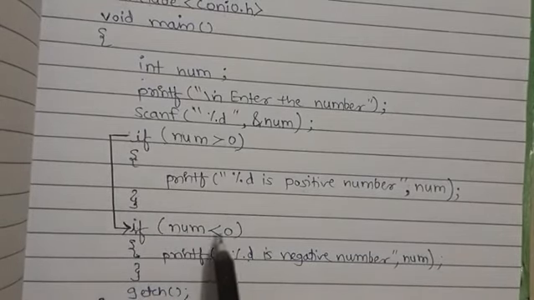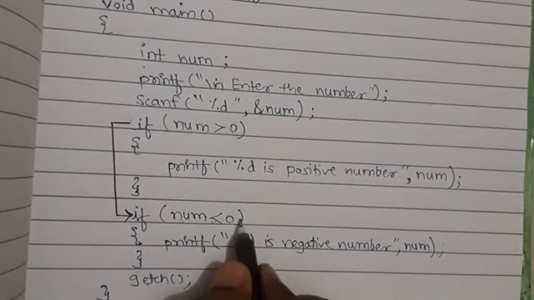It will check this condition that num is less than 0. Now if num is less than 0 and this condition is true, then it will execute this block, which contains the statement that this num is a negative number. And if this condition is false, then it will directly come to the getch function.